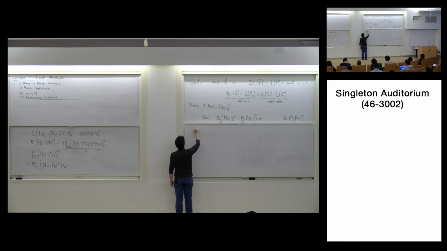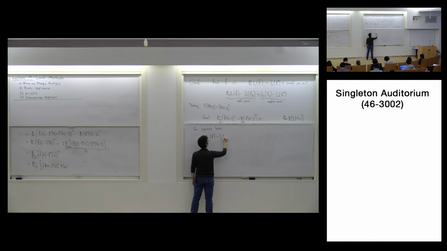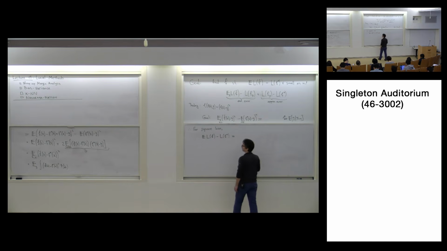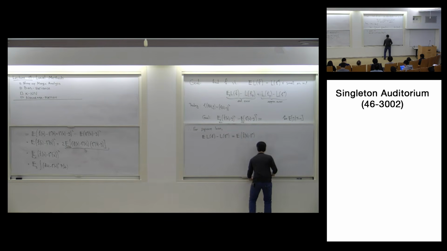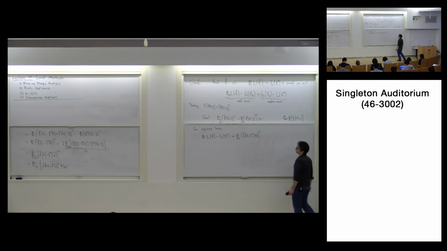So, conclusion for square loss, the expected L of f hat minus L of f star, which is our goal, is equal, I haven't lost anything, to the expected f hat of x minus f star of x squared over x, right?